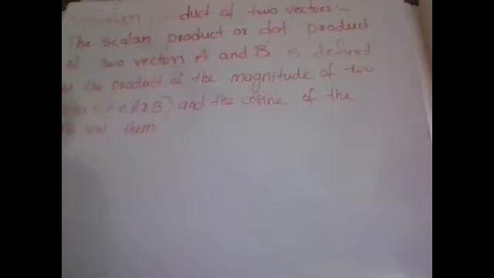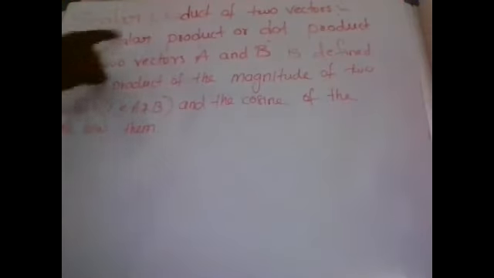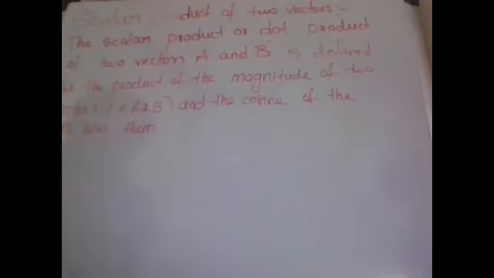So the scalar product is also called the dot product. The scalar product or dot product of two vectors, here we are considering two vectors A and B, is defined as the product of the magnitude of the two vectors, A into B, and the cosine of the angle between them.